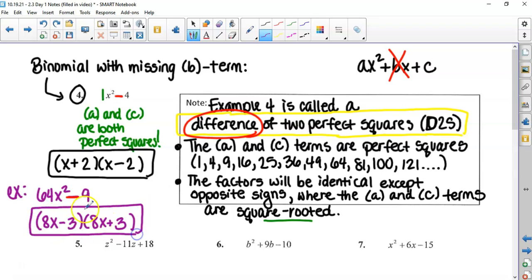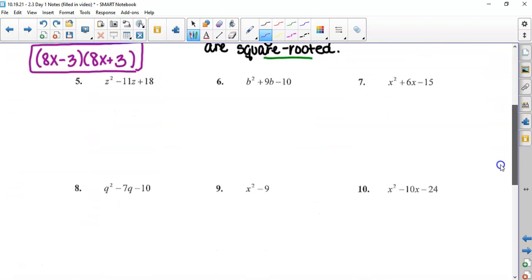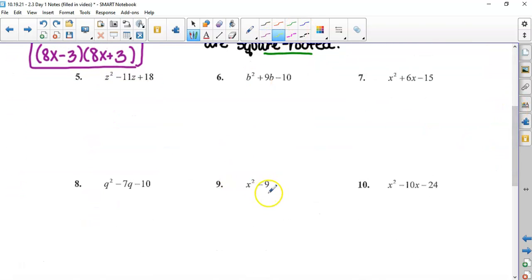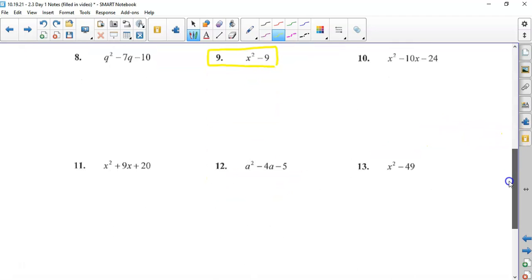Now this example, technically A is not 1. That's okay. The difference of squares, this could be 1, this could be 36, this could be 81. In our notes, just to highlight which ones those are going to be, here's that special case. And here's that special case.